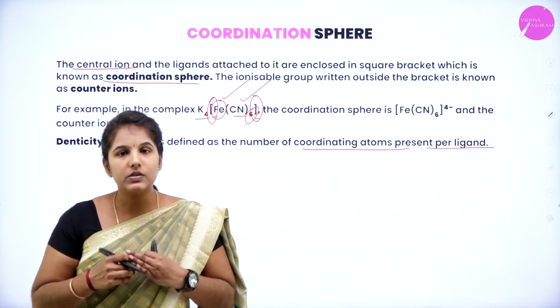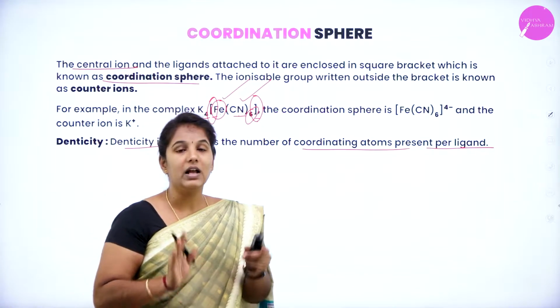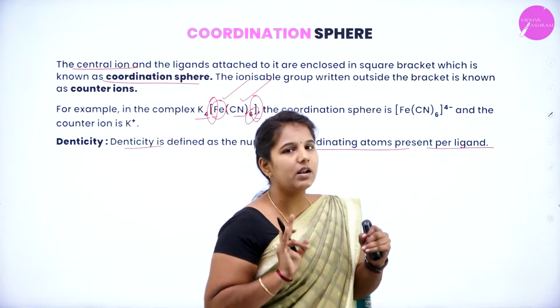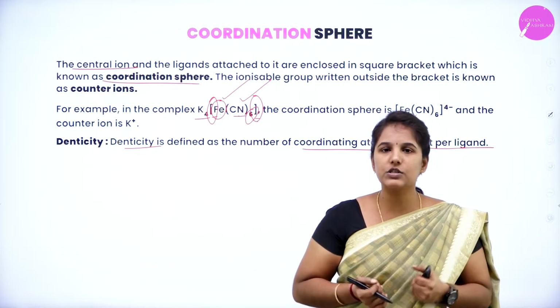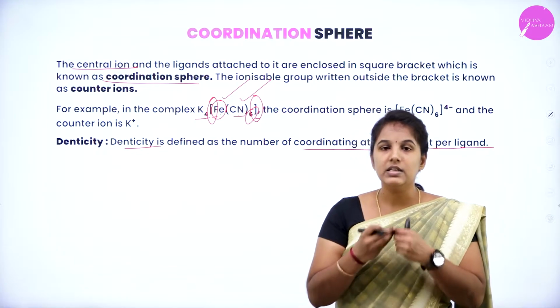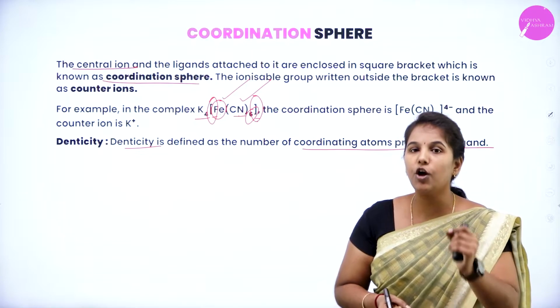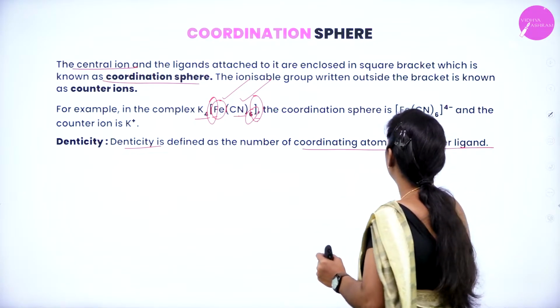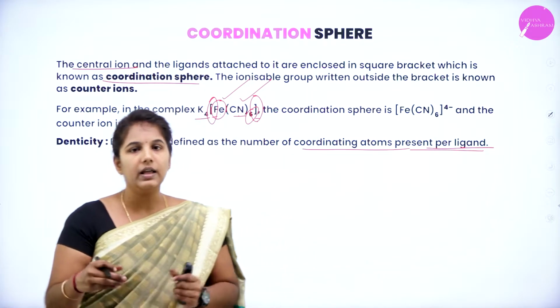Why is it hexa? Because there are 6 coordinating ligands present along with the central ion as well as the counter ion. That is known as the density. So what does it indicate? It indicates the number of coordinating atoms present per ligand.